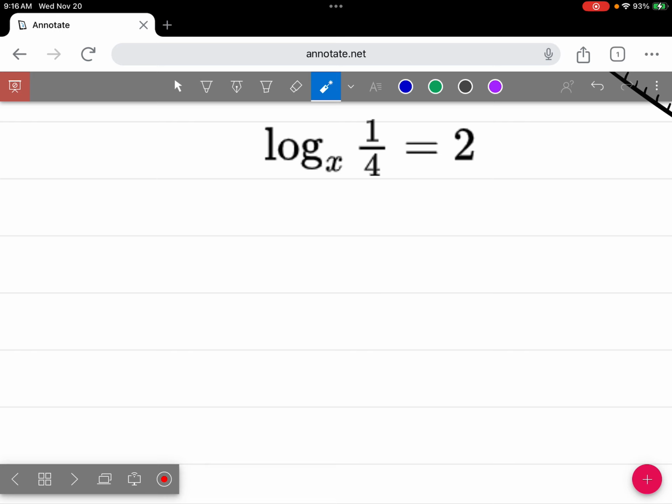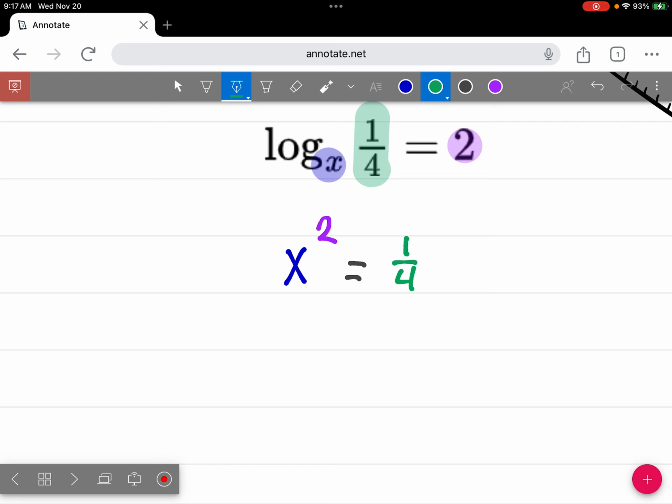We're going to take it from its log form back to its exponential form. So what is my base? x. So my base of x. What is the power? 2. So x squared equals my argument of 1/4. So we switched it from its log form back to its exponential form.